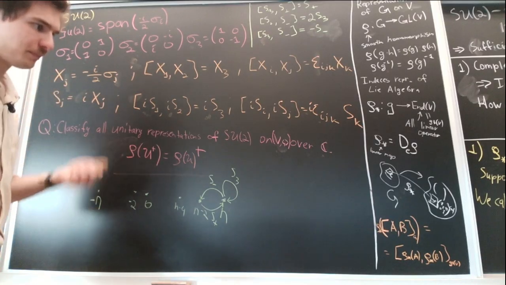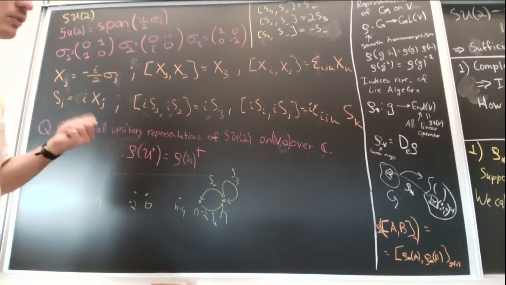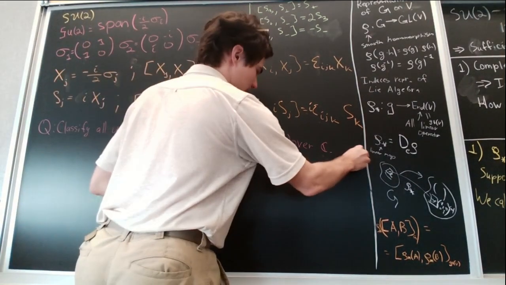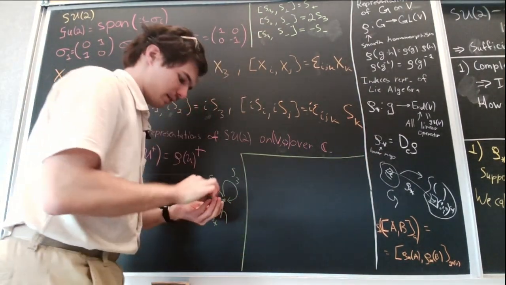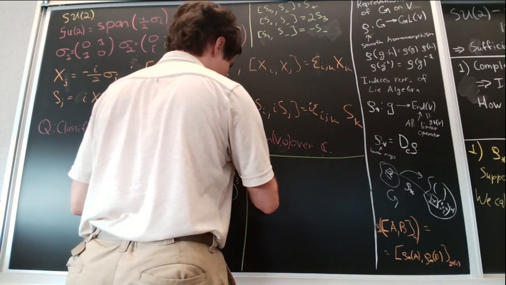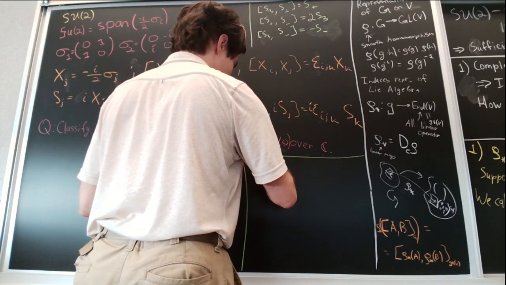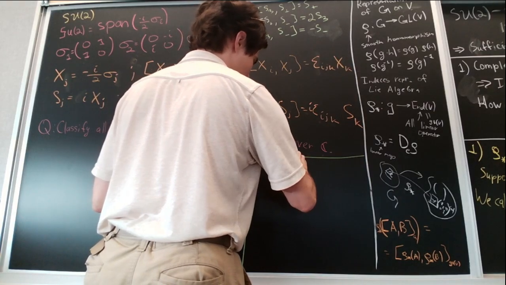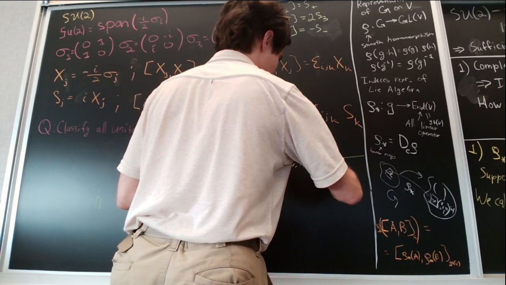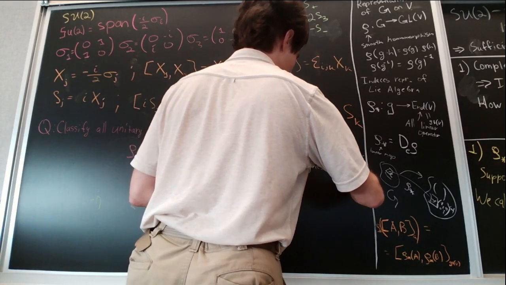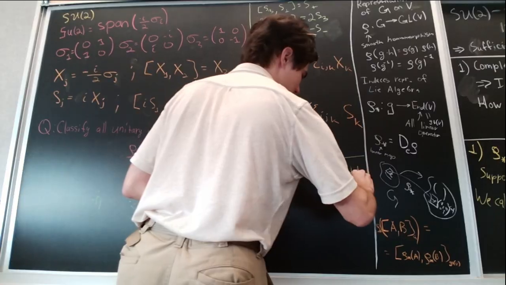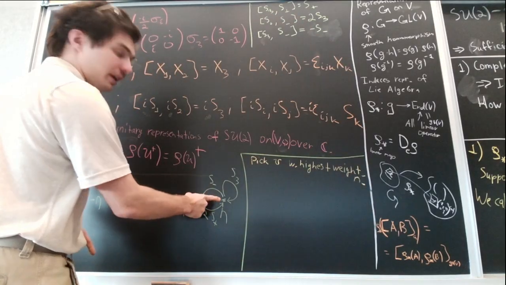And the main difficulty that we need to prove is, what's the procedure? The procedure is I pick V with highest weight n.